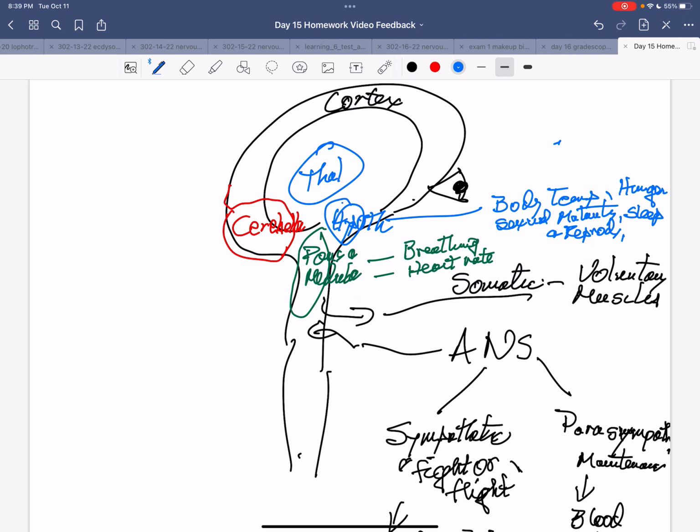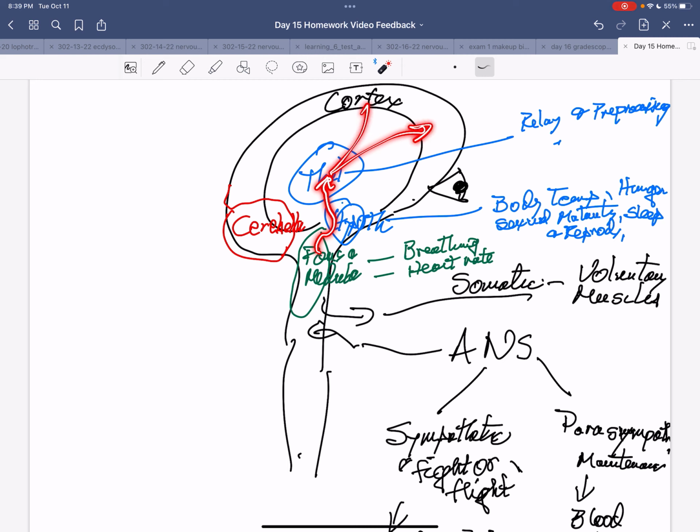Thalamus is a relay and pre-processing center. So it is passing messages from other areas out to the cortex and back, and it's doing some processing.